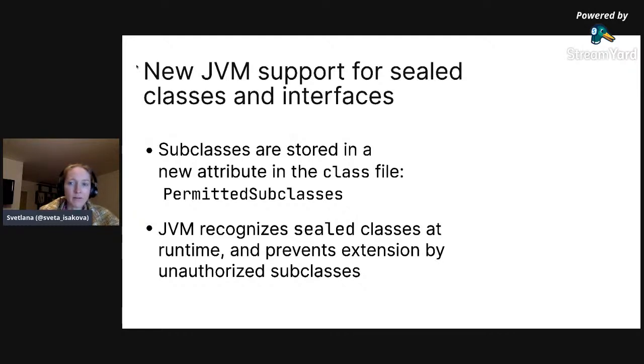Permitted subclasses of a given class are stored in a new attribute in the class file. The name of this attribute can still be changed. Thanks to this information stored in a class file, the JVM can check whether a given subclass is allowed, whether it's listed in the permits list. The JVM therefore forbids unauthorized subclasses. You can't define a new one not mentioned in the superclass permits list.